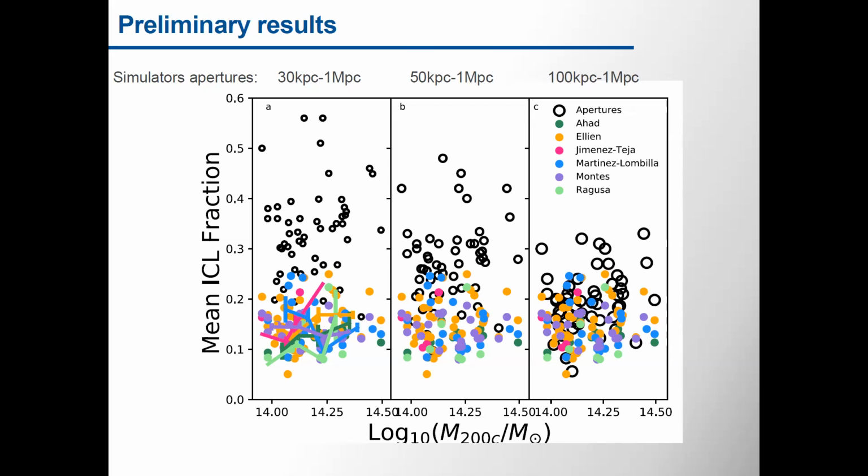What you can see is that what we, as observers, are measuring is very similar to what the simulators are measuring in an aperture from 100 kiloparsecs to 1 megaparsec, which is kind of weird because the observers are measuring the intracluster light in a very different way. So we have to look into that.